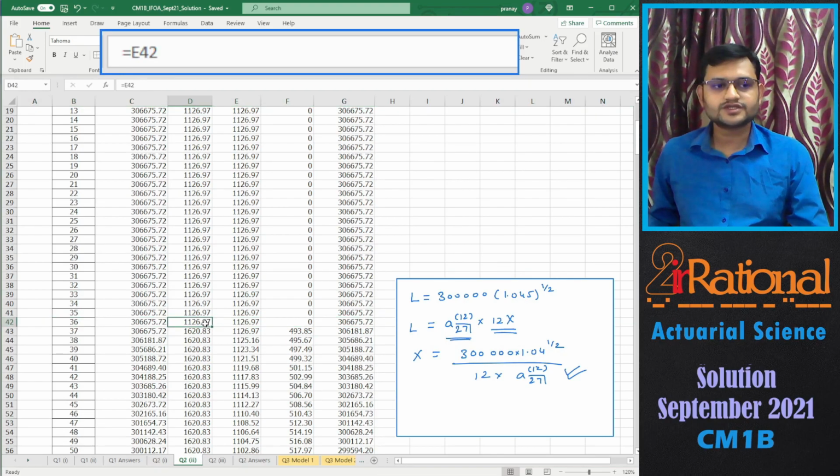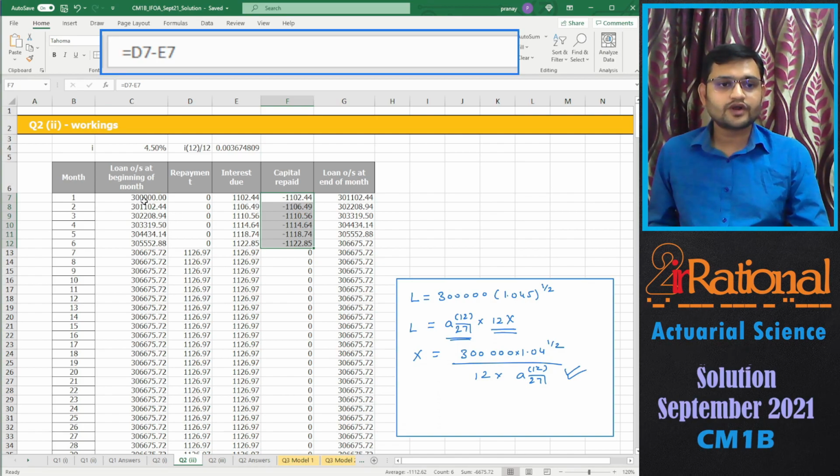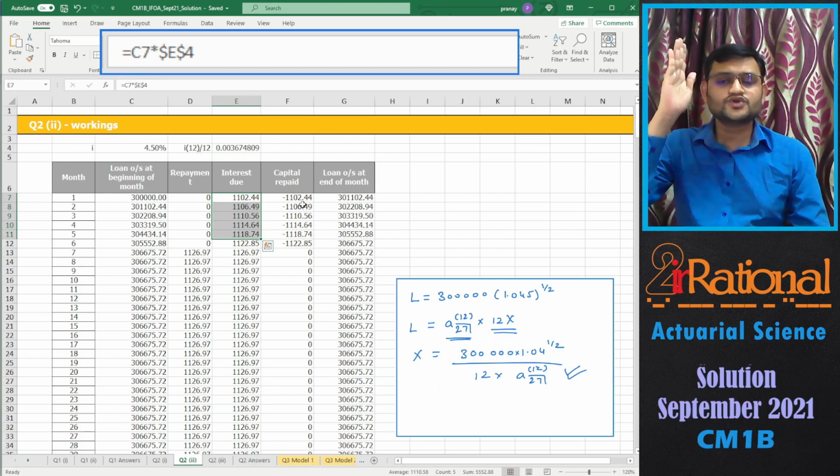You can see this is the value we have. After that, we have our loan repayment of 1620.83 that I have taken from the previous sheet. Then make your capital repayment as you would for this, so you'll have repayment minus interest due.